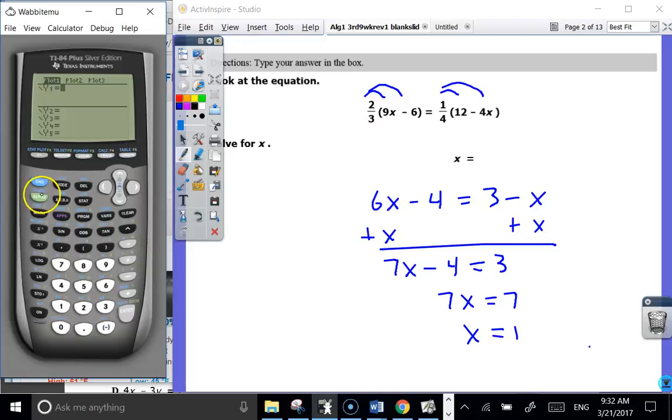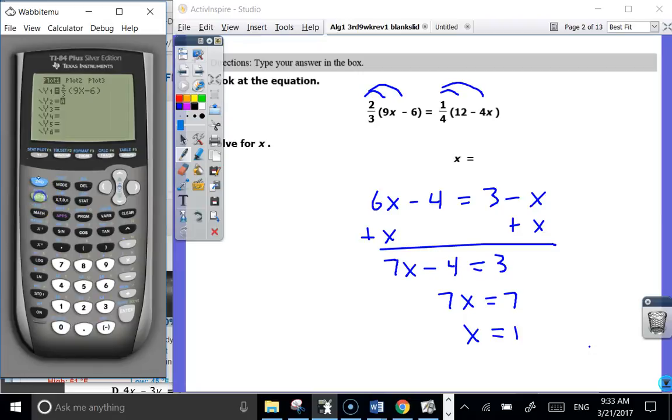Okay, these are things you could be writing down for yourself, right? Alpha y equals 1. So I can put it in like it looks, 2/3, then parentheses, 9x minus 6. Then on the next line, go down to y2, put the right-hand side of the equation.